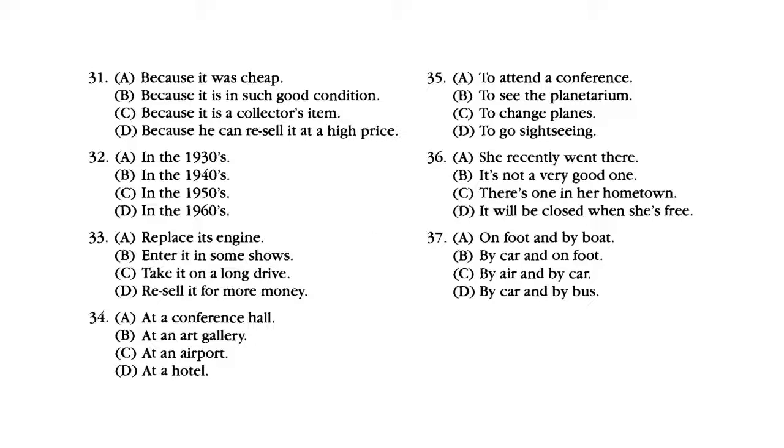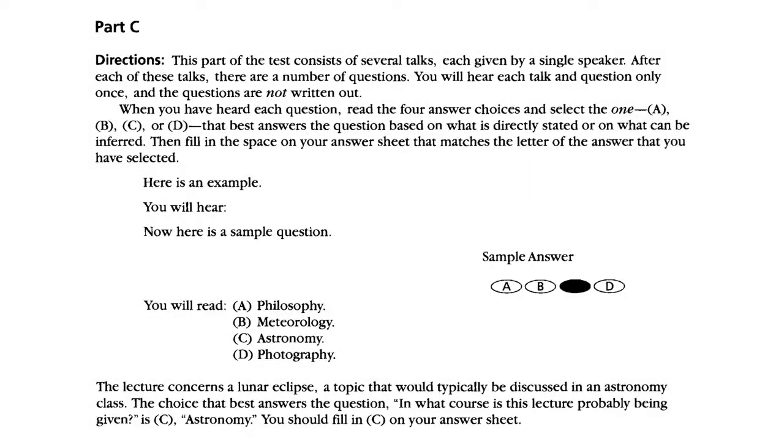This is the end of Part B. Go on to Part C. Part C. Directions. This part of the test consists of several talks, each given by a single speaker. After each of these talks, there are a number of questions. You will hear each talk and question only once, and the questions are not written out.